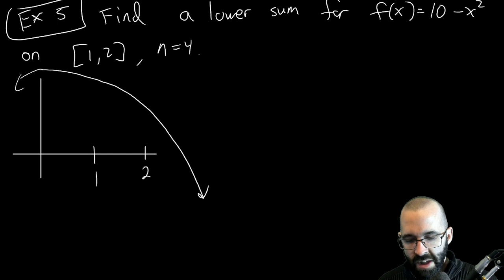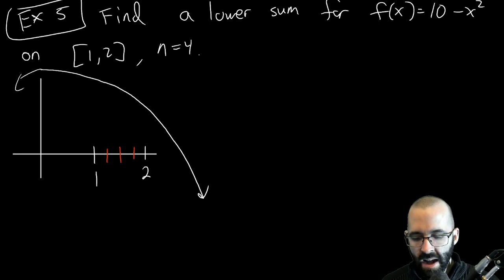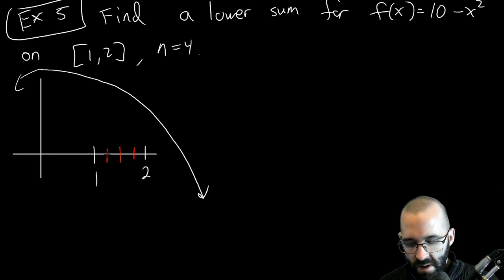Okay, so we need the lower sum. So we need to split this up into 4 rectangles. And in every interval, we need the shortest rectangle possible. So in this case, the shortest rectangle is going to be when it's on the right.